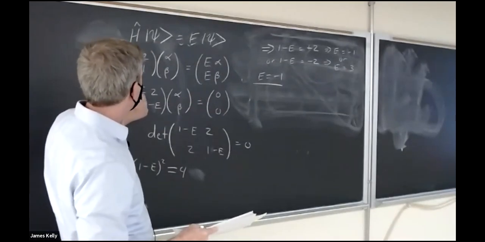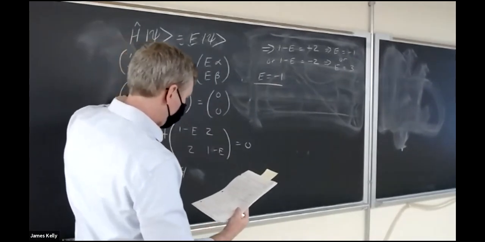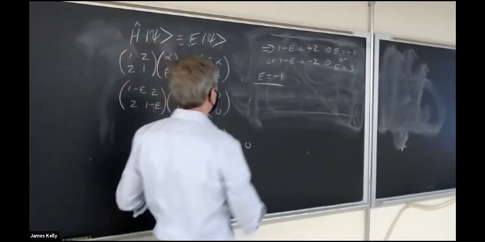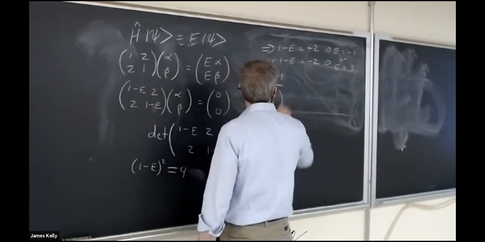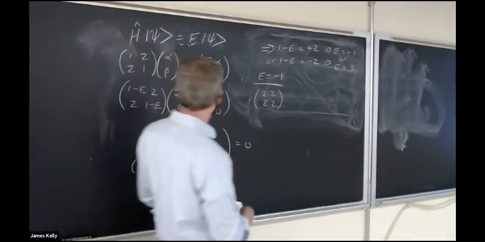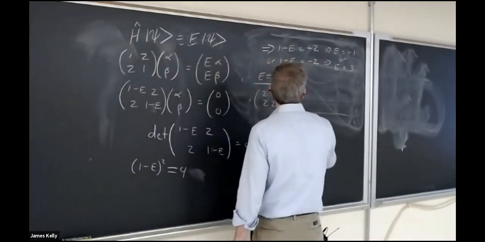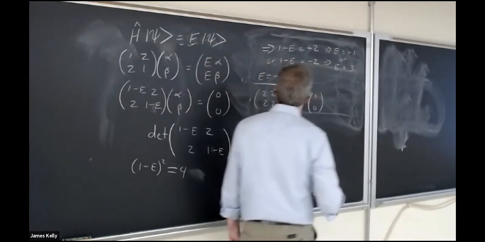If E is minus 1, then this looks like a 2 up there. So this equation becomes the matrix 2, 2, 2, 2, since we're subtracting off minus 1, which is the same thing as adding 1, times alpha, beta equals 0, 0.